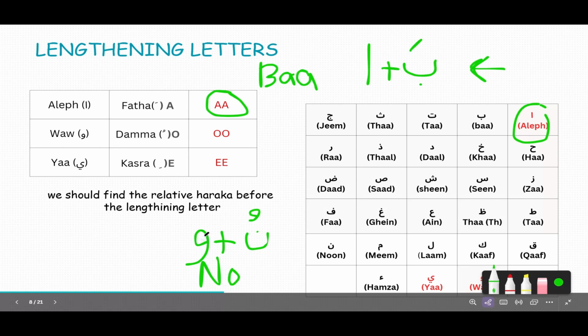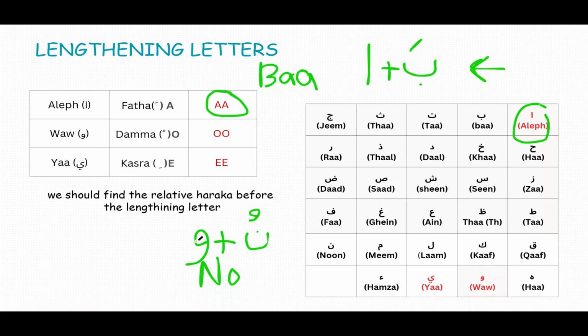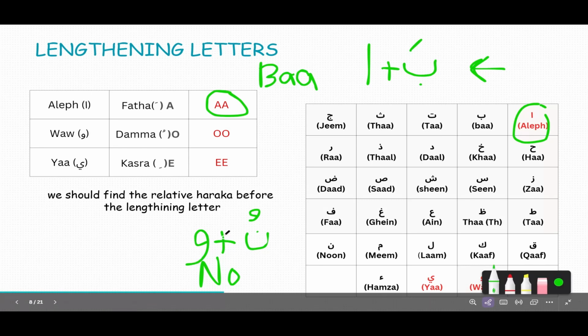If you find waw after dhamma, the relative vowel or the relative haraka, and there is no haraka on waw, these are the two conditions. No haraka on waw, and there is dhamma before, so it works as a lengthening letter, a lengthening sound for the oo sound.